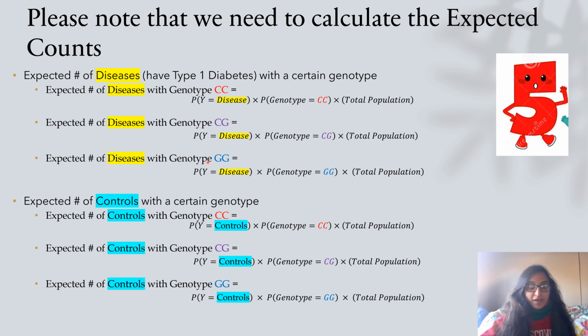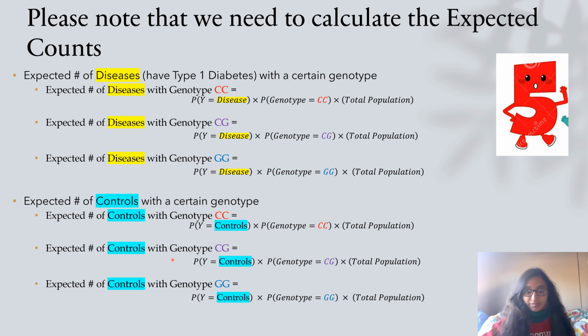Similarly, if you had the genotype GG instead, I'm taking the probability of finding somebody who has the genotype GG. The real difference between diseases and controls is that I'm using the probability of observing the controls in the population. For very rare diseases with a very low count, I would expect these values to be much lower than the corresponding values.